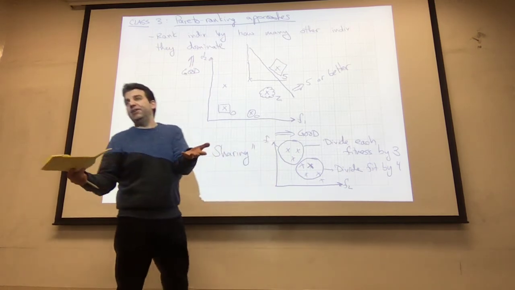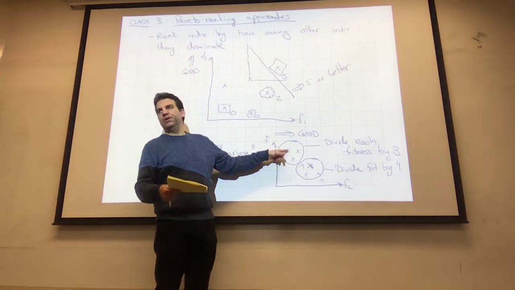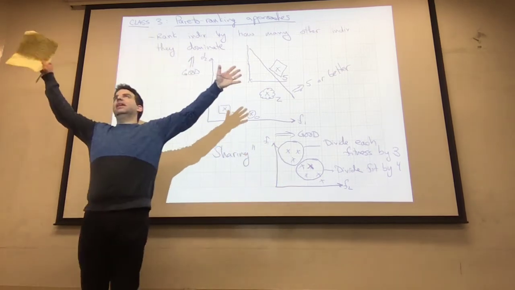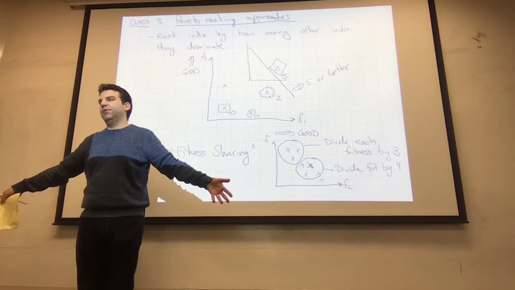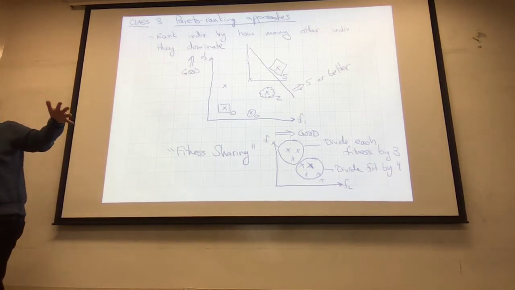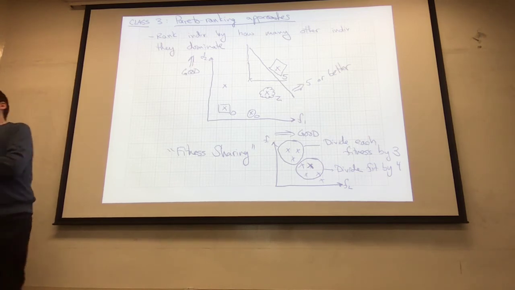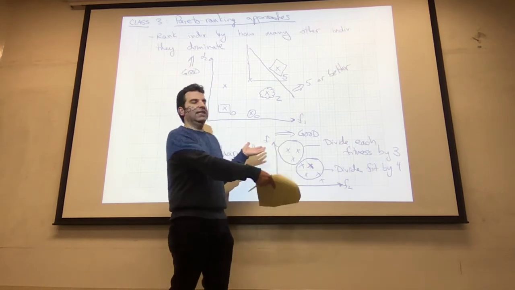That might be the easier way to think about it: when you figure out the fitness of every individual, you throw out an umbrella, see who else is under that umbrella, and divide that individual by whoever else is in it. When you go to the next person, the umbrella might include a whole lot more because it's just kind of skewed that way. But you can imagine a bunch of different ways to skin this cat.